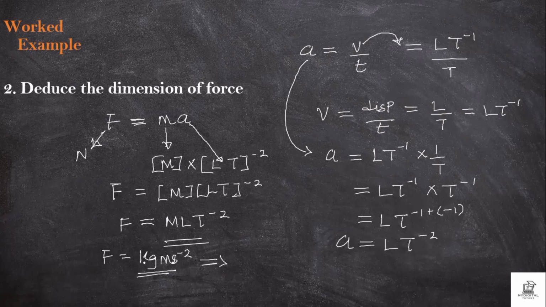So what is the dimension of kg, kilogram, which is the unit for mass? It is capital letter M. Meter, what is the dimension for meter? It is L. And second, what is the dimension for second, which is the unit of time? It is capital letter T, then minus 2. See, you can get the dimension of a particular physical quantity from the derived unit, not from the SI unit, but from the derived unit. I hope this is taken.